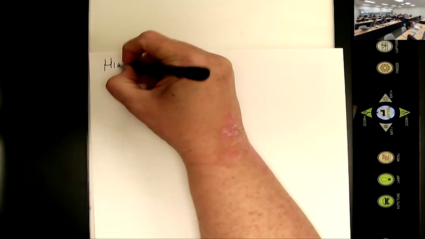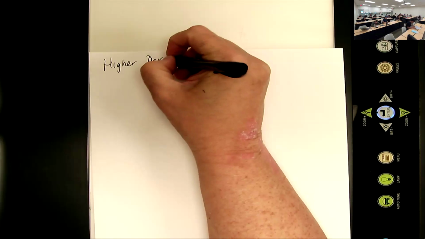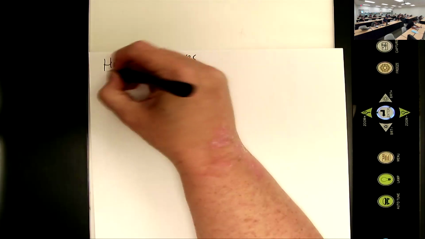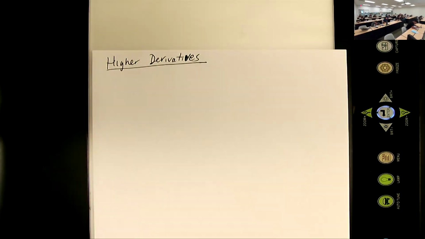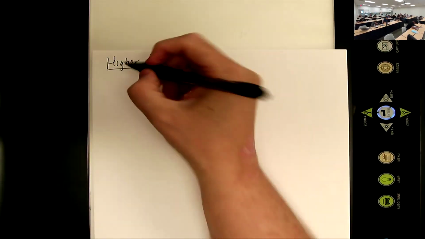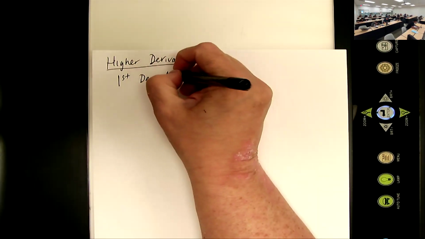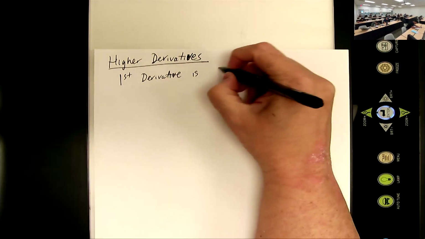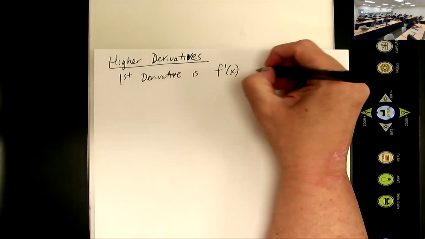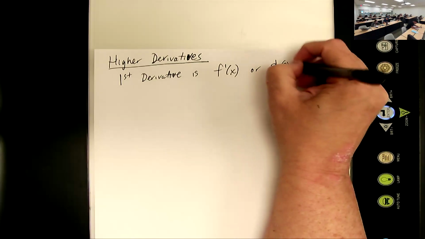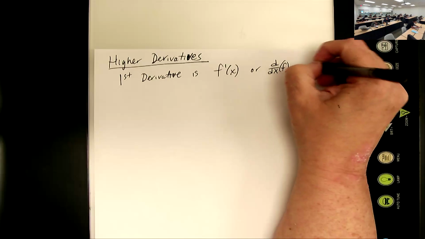Alright, final thing, higher derivatives. Is it still 2.3? Yep. Okay. Still on 2.3. So the first derivative is f prime of x or d dx of f or df dx.